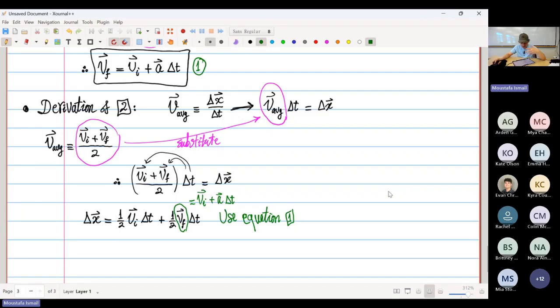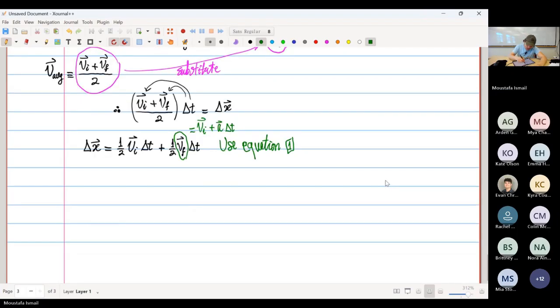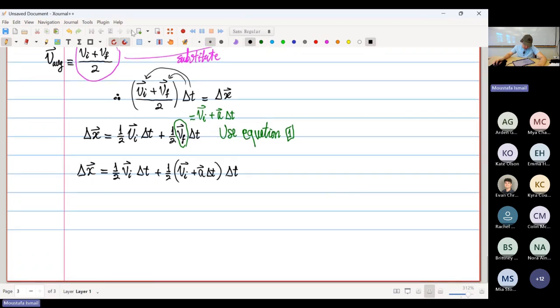So that gives me the following: half V initial delta t plus half, open bracket, V initial plus A delta t, times delta t. And then let's play with the algebra here.